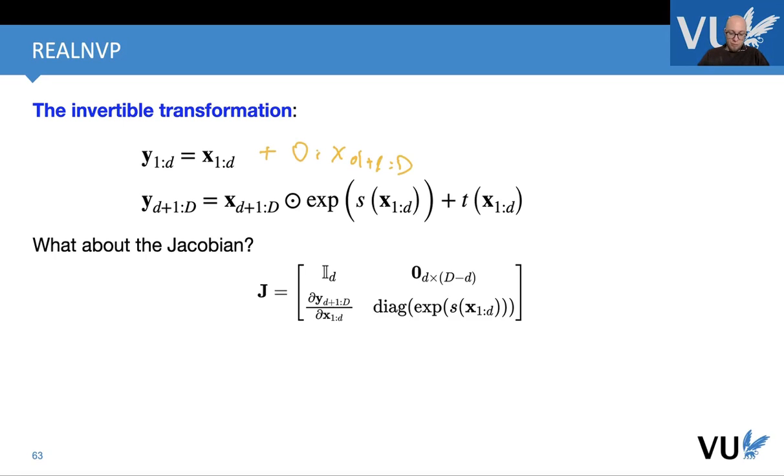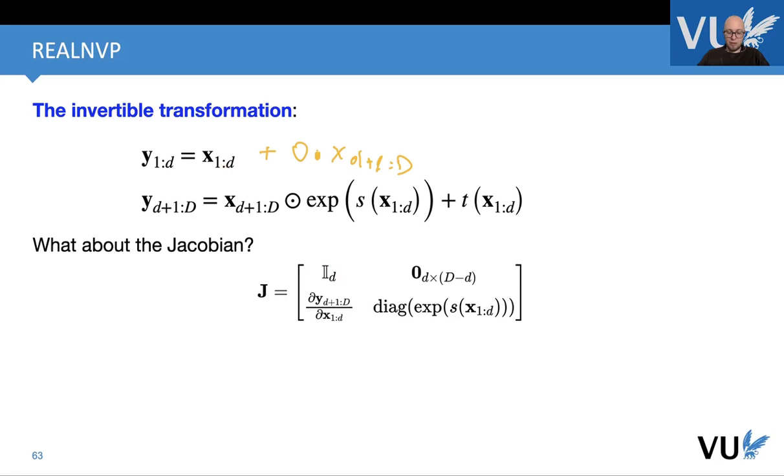Now, if we look at only this first row, we calculate derivatives with respect to parameters from x 1 to d. So this is simply the identity matrix.